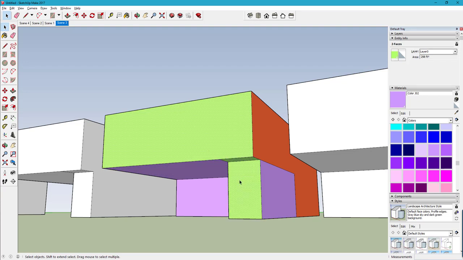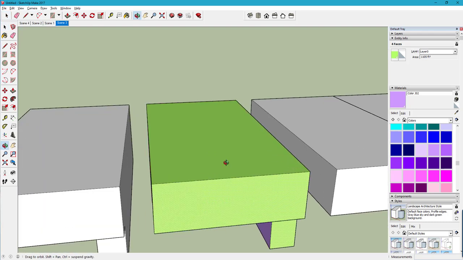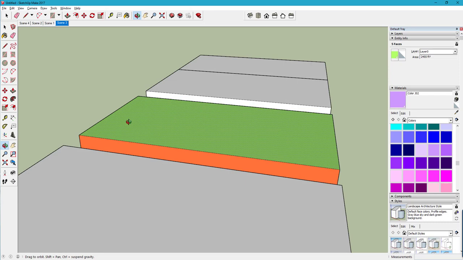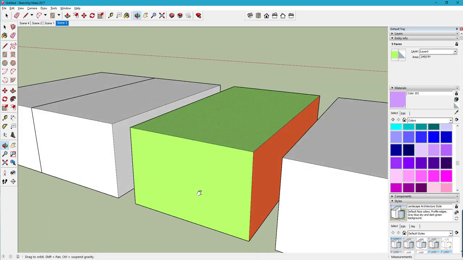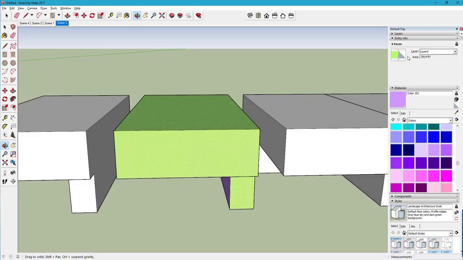So I'm just going to start selecting all those, plus the surface area of that foundation, that attic, and this back wall. So I've got all the green surfaces selected, and it's telling me that my total surface area is 2914 square feet. So we'll put that into the calculator.